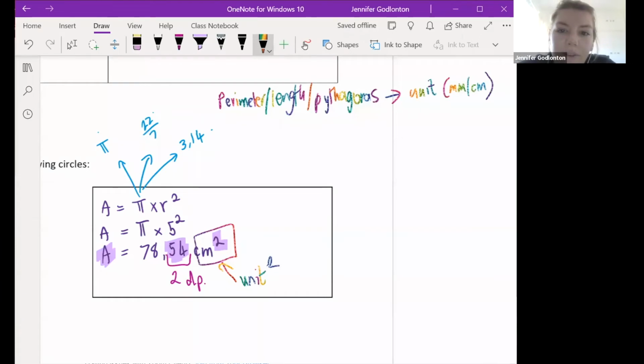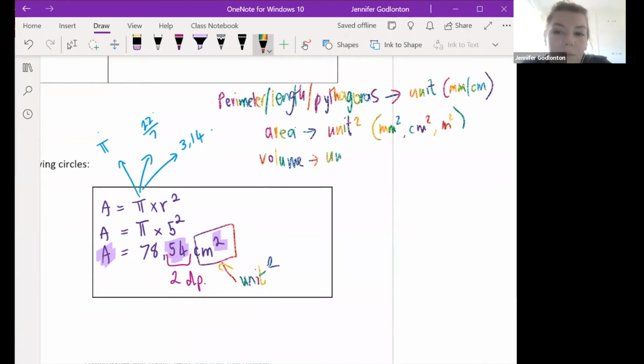If we are dealing with area, our unit is always going to be squared: millimeters squared, centimeters squared, meters squared. When we're dealing with volume, which we're going to be talking about next week, it's always going to be our unit cubed. Every time. Those don't change.